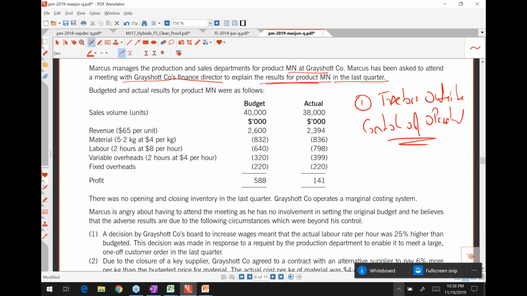Whenever you are reading the scenario, try to find factors which are outside the control of the operational managers, like the sales manager, the production manager, the purchase manager. Whenever you find factors which are outside the control, remember, these managers will not be held responsible for those.